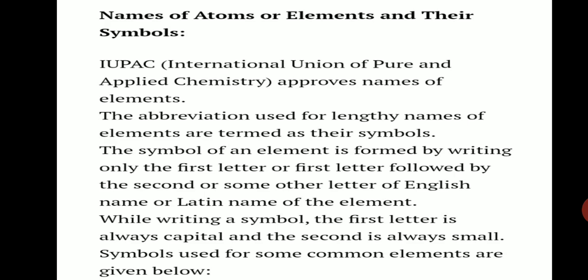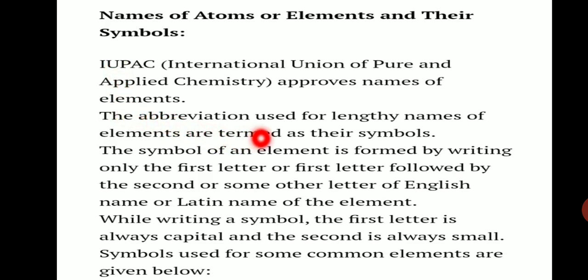So now we are using IUPAC symbols, which are approved by the international agency called IUPAC. They only approve the names of the elements. If you want to discover some element and give it a symbol or name, we have to get the approval of this agency.